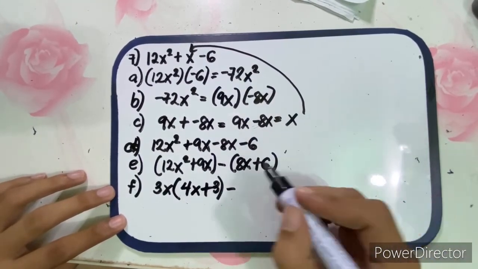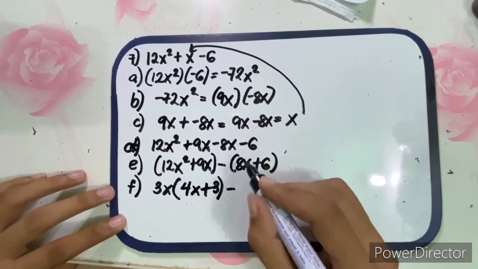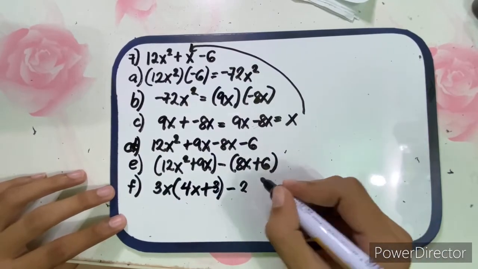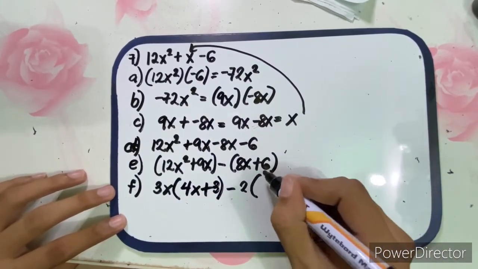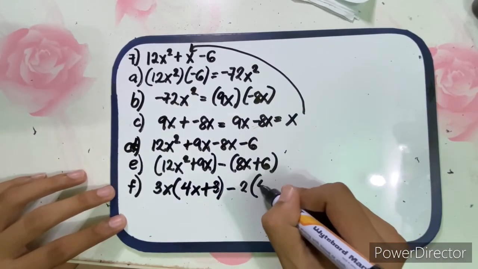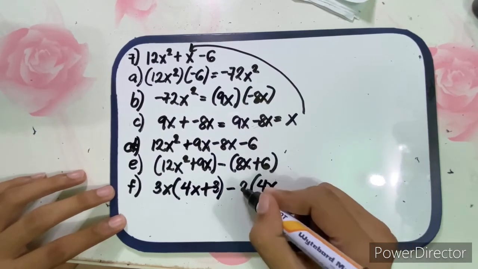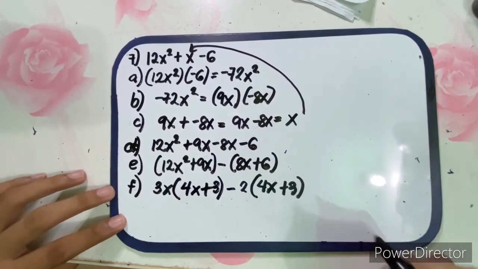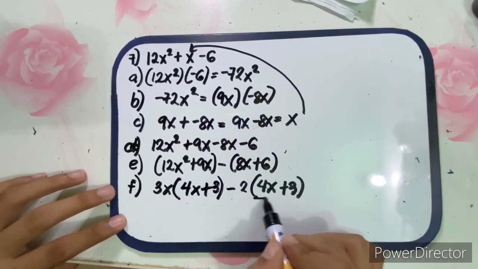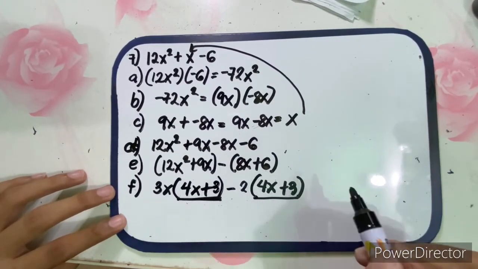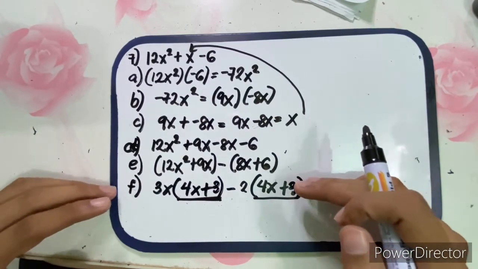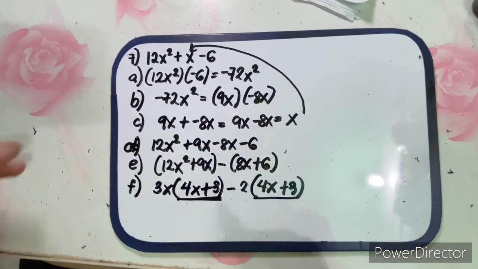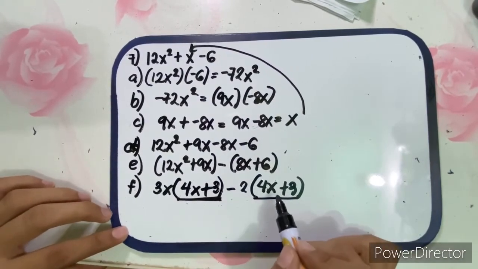Here we have a common factor. At 8 and 6, we have 2. Now, the remaining is 8x divided by 2 is 4x, and 6 divided by 2 is 3. So now, if you don't have a common binomial, maybe you have to go back to the previous steps to review why you didn't get the common binomial.